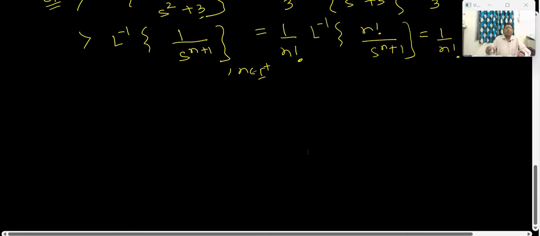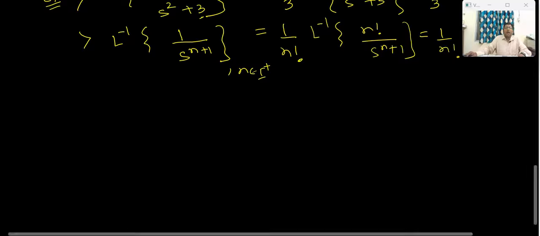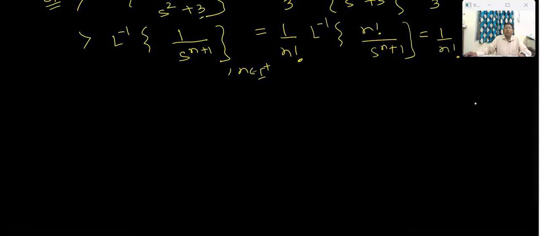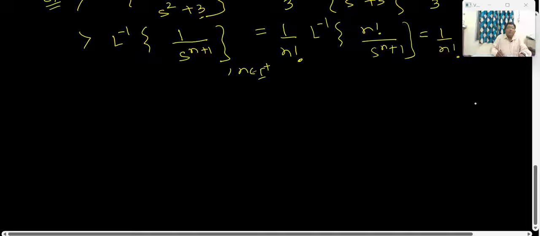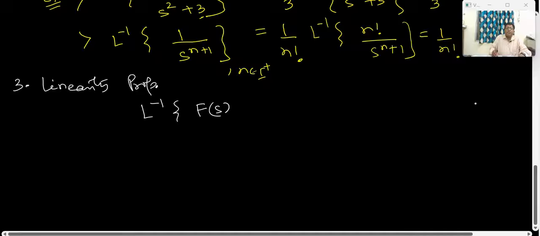Now coming to the third aspect: the Laplace transformation is a linear operator, so you apply the linearity property. As you know, the Laplace inverse of some constant times F(s) plus some constant times G(s), it may be plus or minus, no issue.